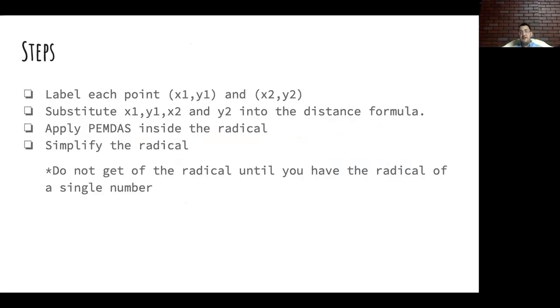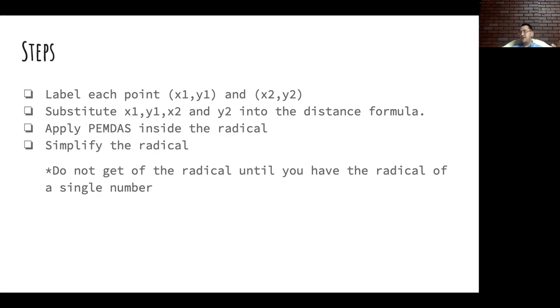All right. So what you need to do when you are doing a distance formula problem, and what you will see me do, you will be provided by me or Delta Math 2 points, always. And you'll need to label each point x1, y1, and x2, y2. Once you know that, all you need to do is write down the distance formula and substitute those things into the distance formula.